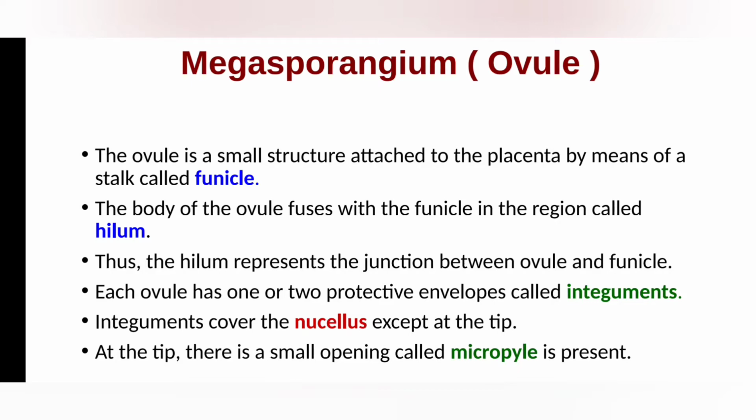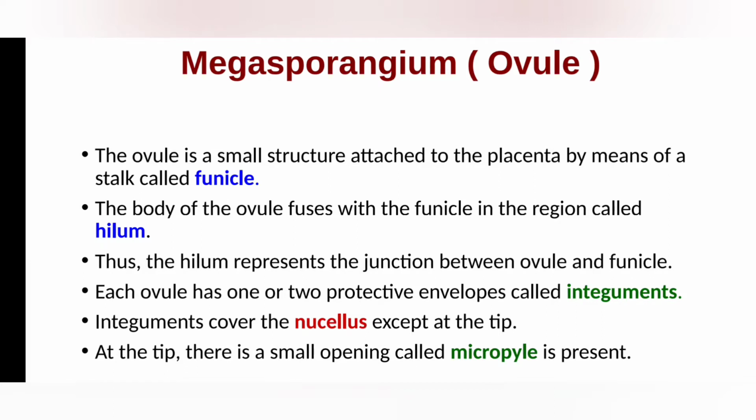The body of the ovule fuses with the funicle in the region called the hilum. So the place where the ovule is attached to the funicle is known as the hilum. Thus, the hilum represents the junction between ovule and funicle.